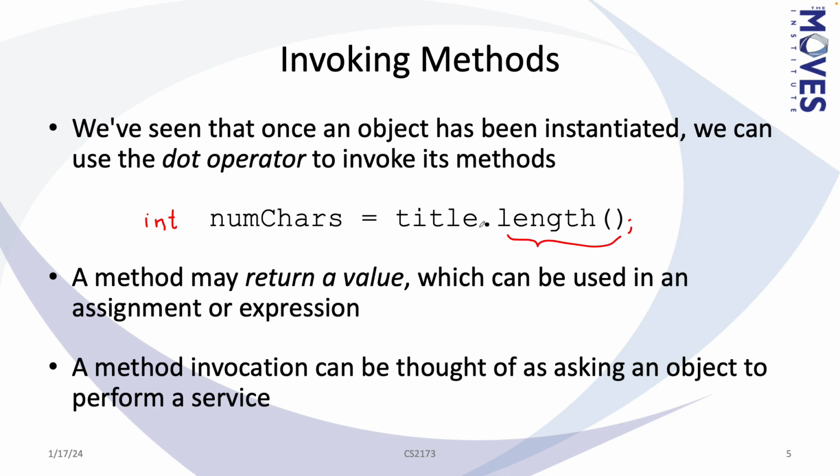So we use this dot operator, and this says invoke the method called length with no arguments on the title object, which hopefully has it. Now, if that object does not have a method called length, the compiler will not let you run the program.